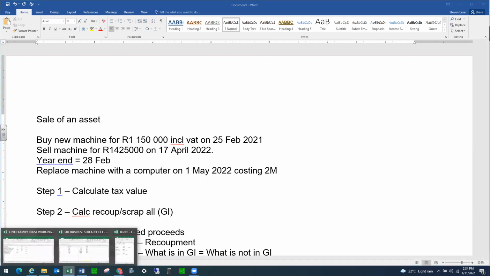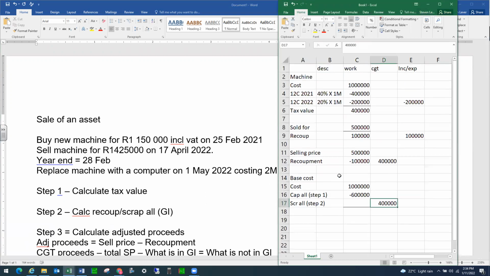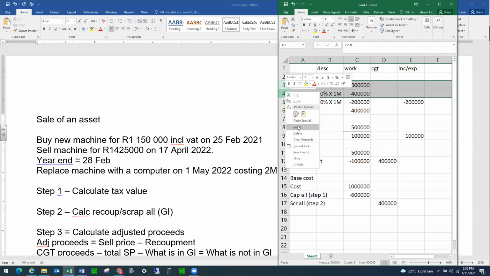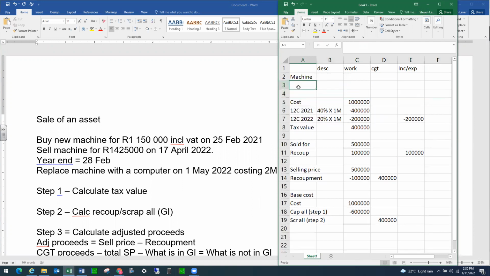I want to do an example with you. Here we've got this, and I'm going to change a couple of things. What you do as part of this question is, you might say the cost is 1,150,000, less VAT of 150,000, for an adjusted cost of 1 million.